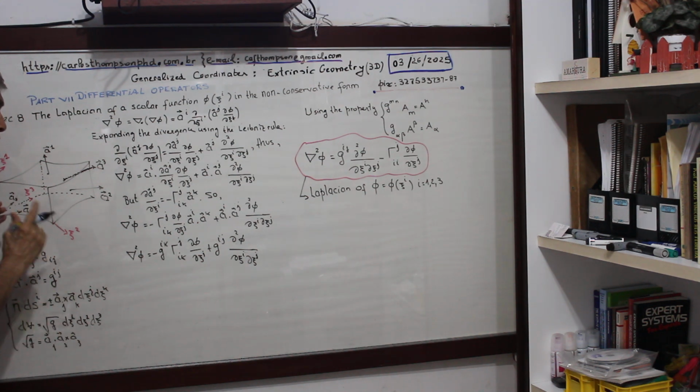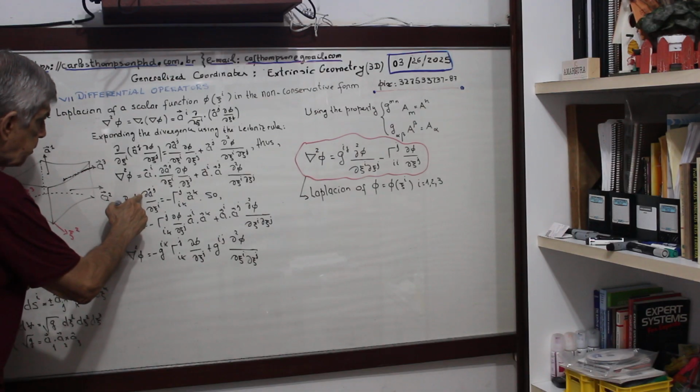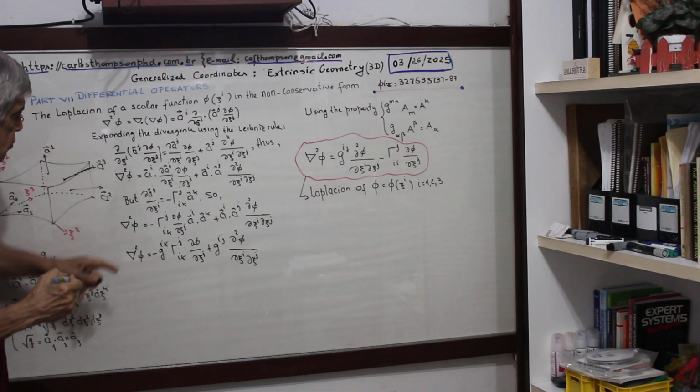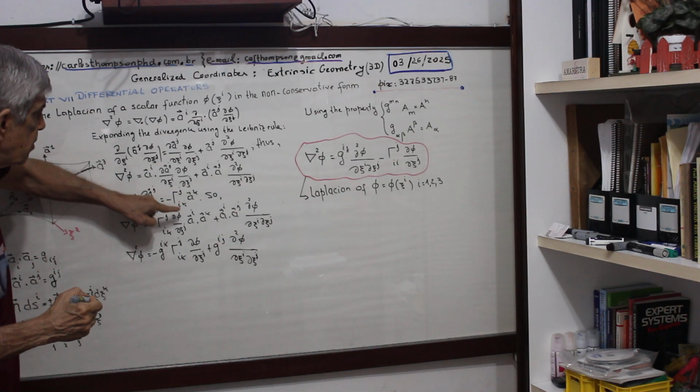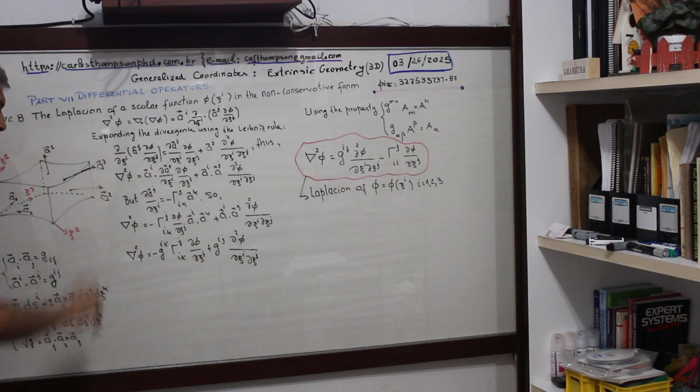Now remember, always remember, we demonstrated that the partial derivative of the contravariant basis with respect to I is minus gamma ikj ak. We did this many times.